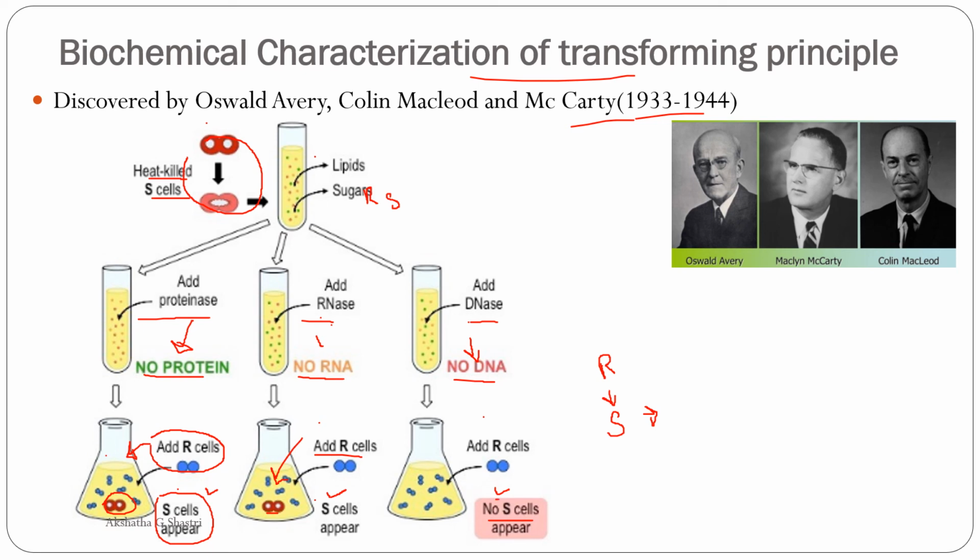This enabled them to transform the R into S. Hence, the DNA is found to be the genetic material. So, this is biochemical characterization of transforming principle.